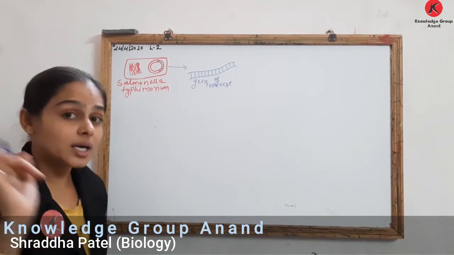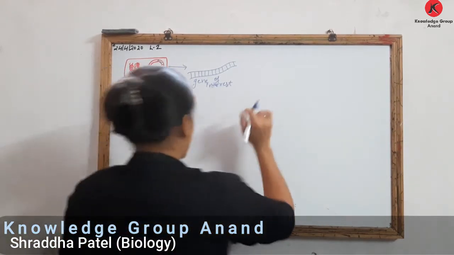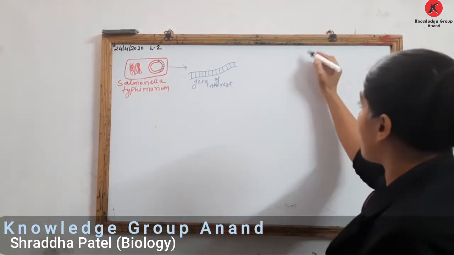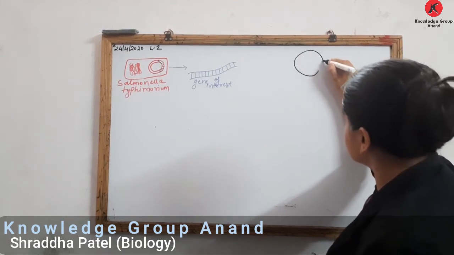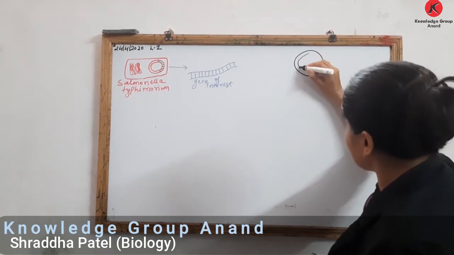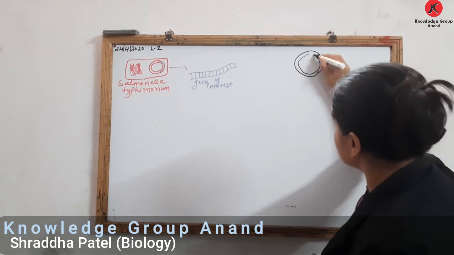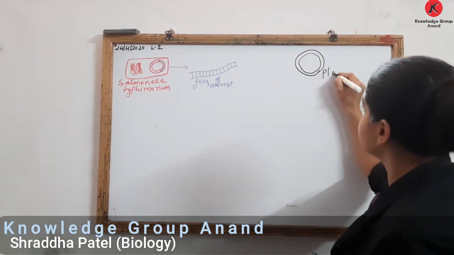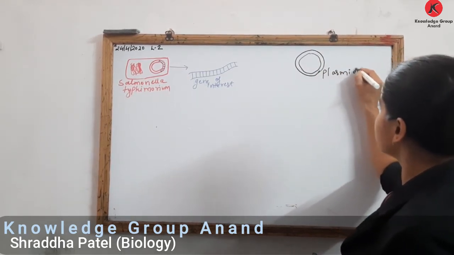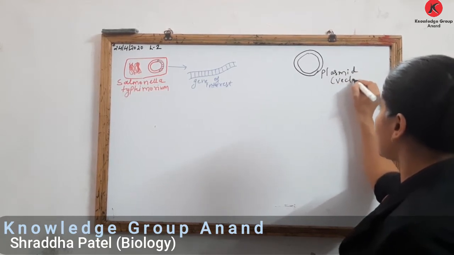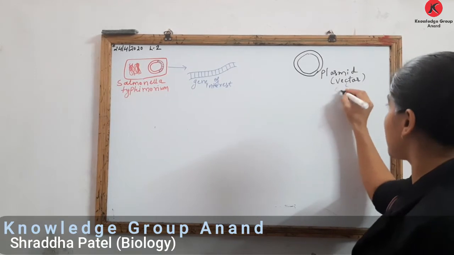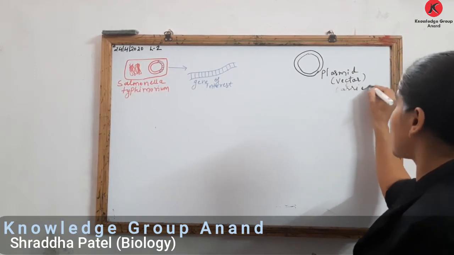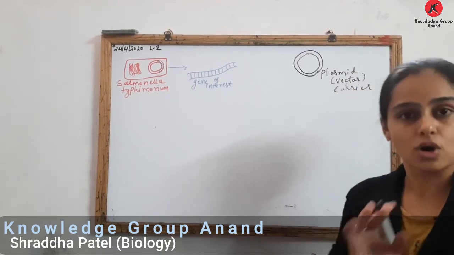Simple as that. Now I am going to take one more plasmid as a vector. Can you see this? This is your plasmid, and this plasmid acts as your vector. Vector in the sense it acts as your carrier.